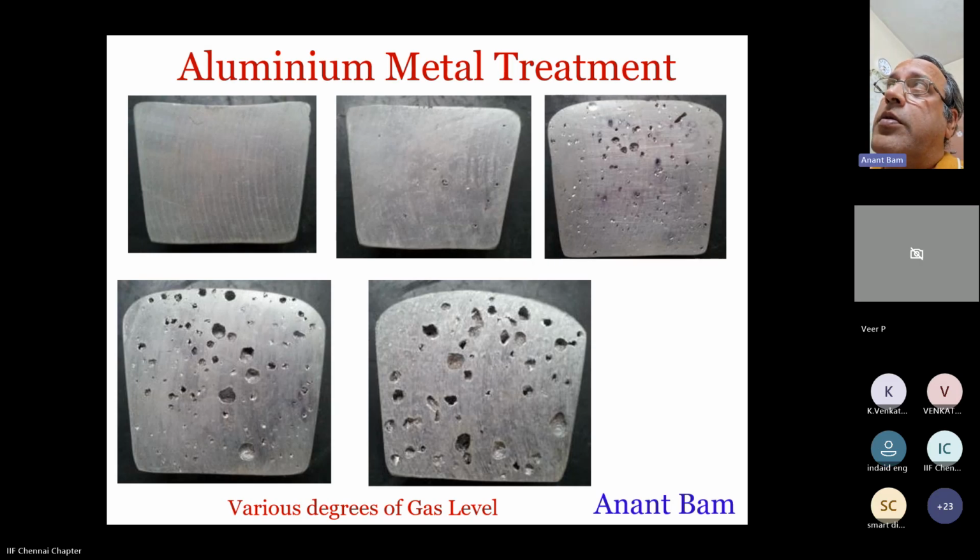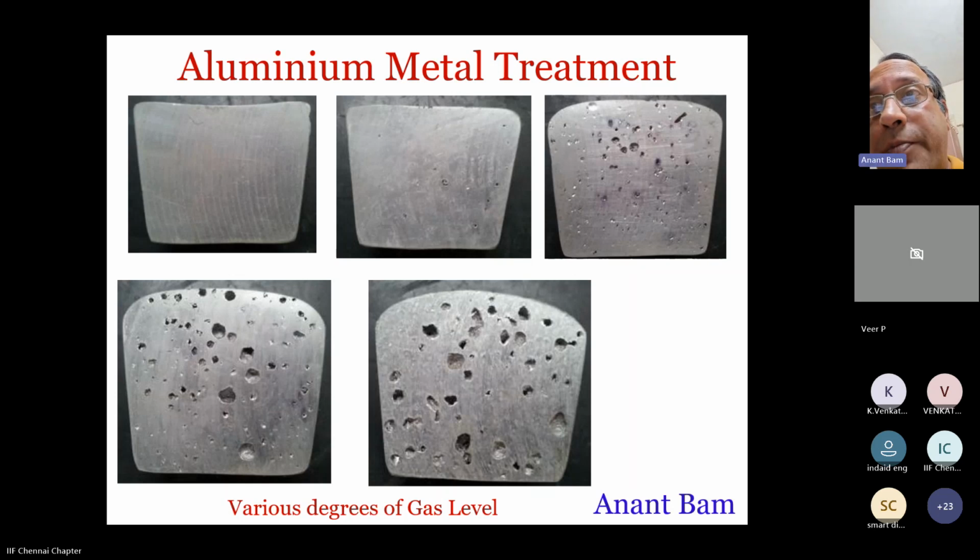In that cup, aluminum liquid is poured. It is placed in a vacuum chamber containing a partial vacuum of 80 millibar. It is allowed to cool there.